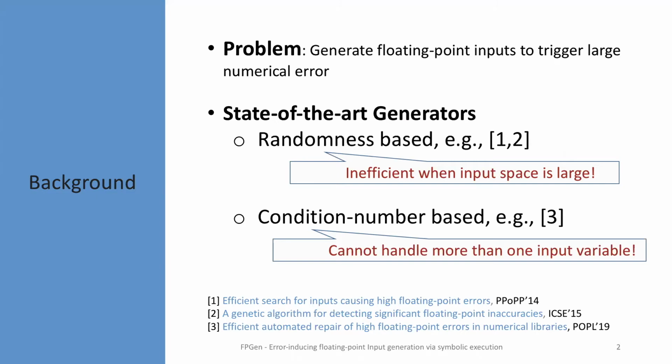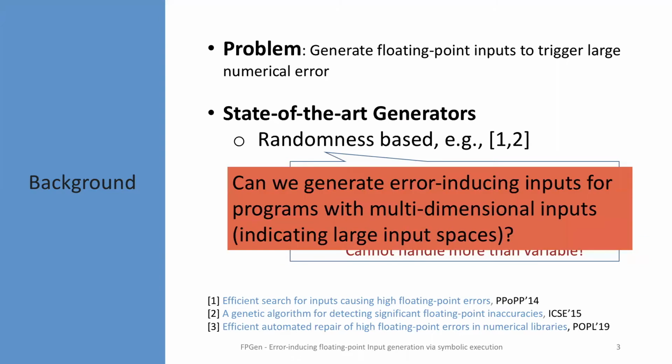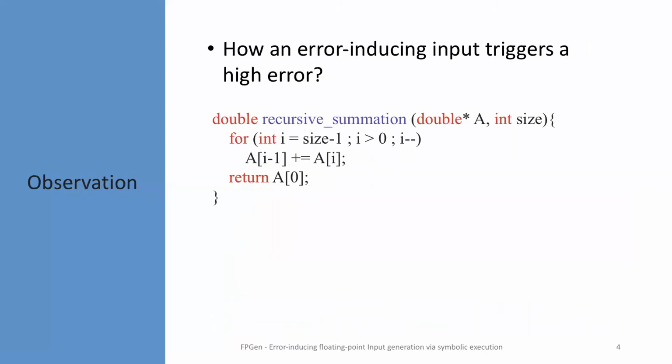However, this set of techniques can only handle programs with one input variable. The task in this work is to generate error-inducing inputs for programs with multi-dimensional inputs, which indicates a very large input space.